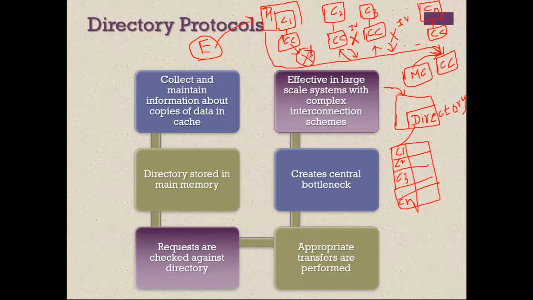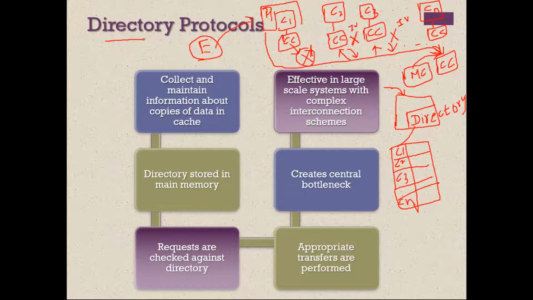Now P1 will modify x and x will become x dash. Is it clear? This is how the directory protocol works. Along with the memory controller there will be a centralized controller, and along with every cache there will be a cache controller.